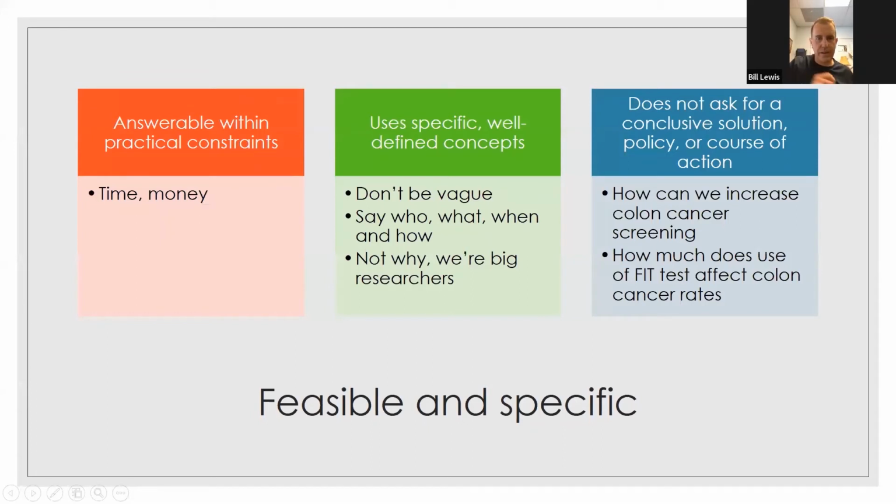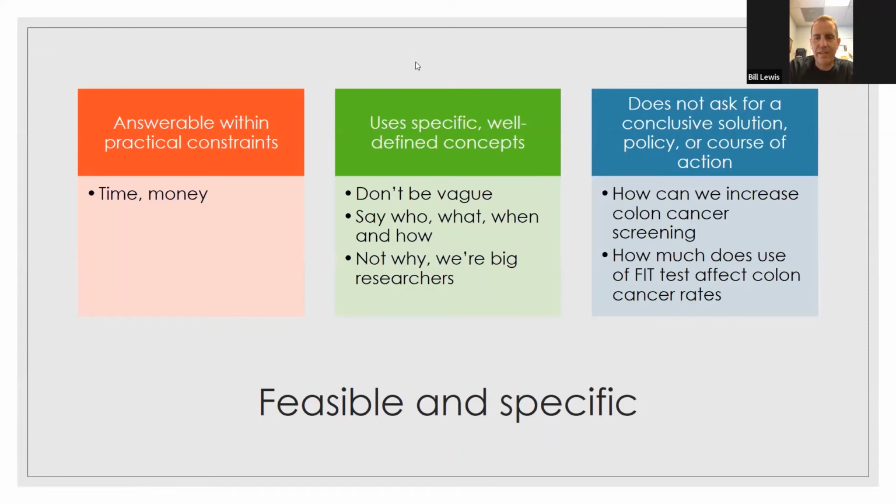So, all right, good. The next one comes in: what's answerable with practical constraints. Again, this is a time and money kind of thing. If you want to interview hundreds of providers across the states, would you have money to send out for those? I think of our PCORI project that we're getting off the ground.